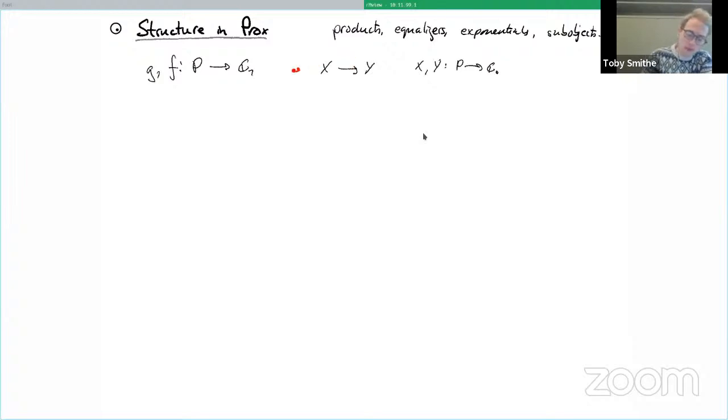So that's G and F. So these are two parallel maps, and we might ask what's the equalizer of F and G.